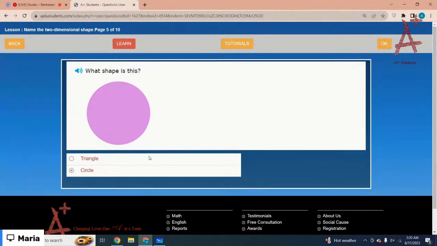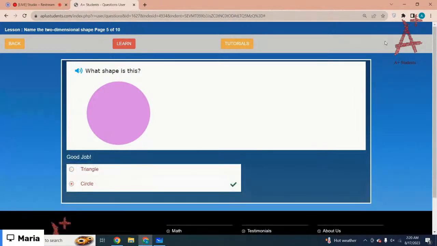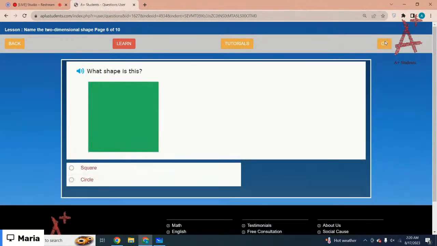Circle. The correct option is circle. What shape is this? Square, circle. The correct option is square.